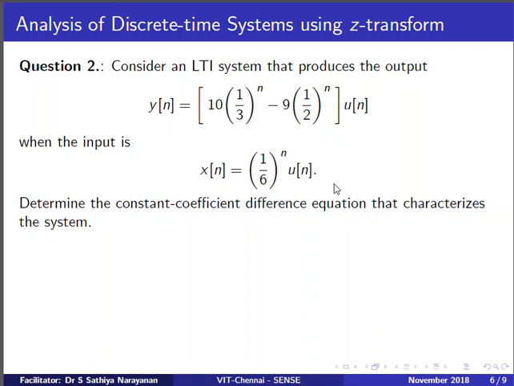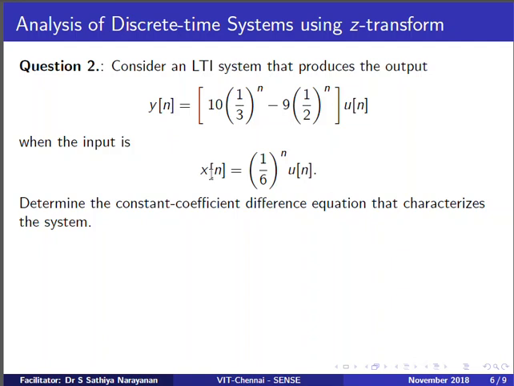Yes, this is a bit tricky. Like the previous question we saw, where they gave a system's constant coefficient difference equation and we were asked to find the frequency response and the impulse response, here they have given an input-output pair.